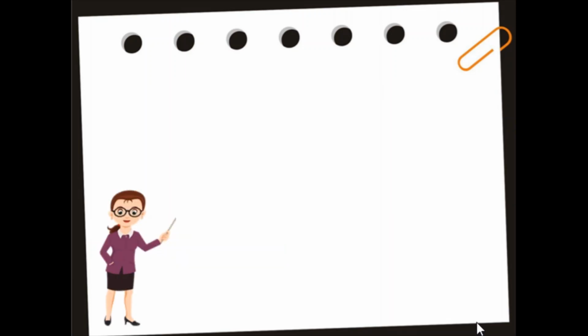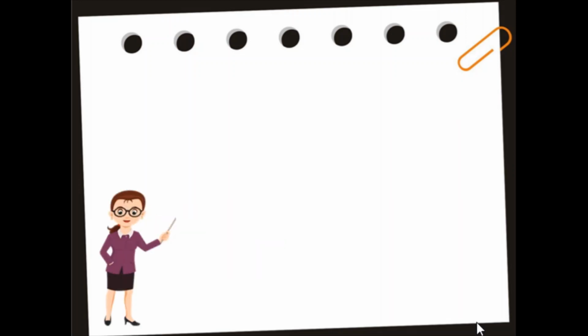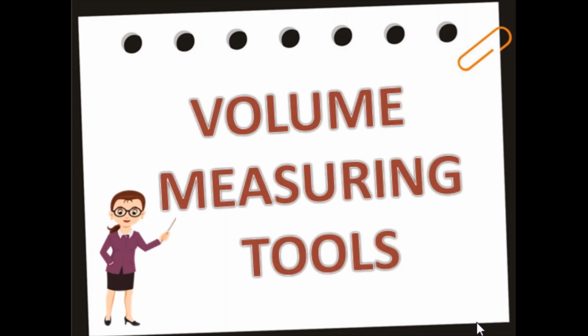So, those are examples of dry goods and liquid goods. Have you been refreshed? If you did, very good. You remembered what we have studied last time. Let's move on to another review.